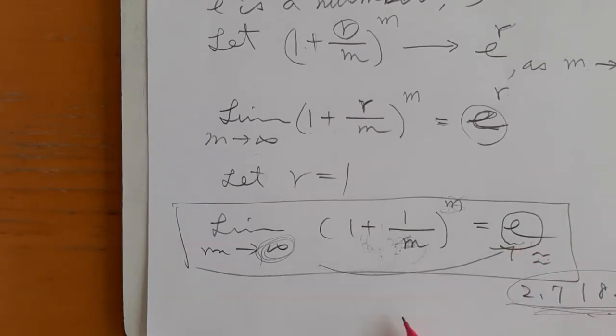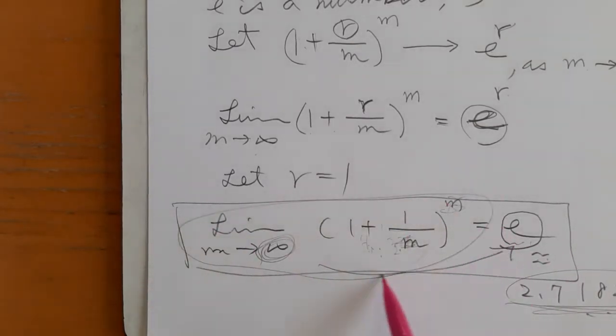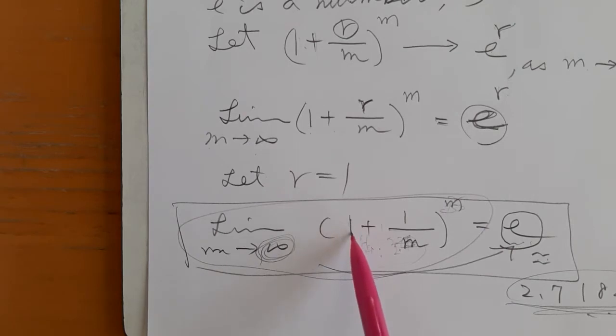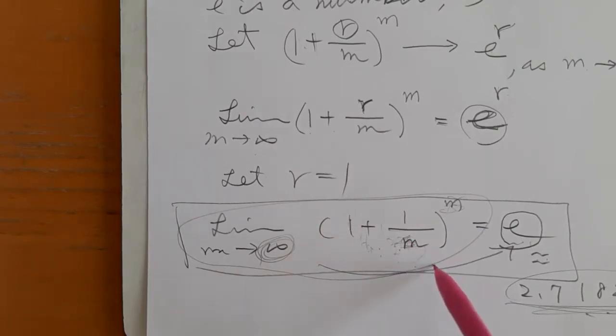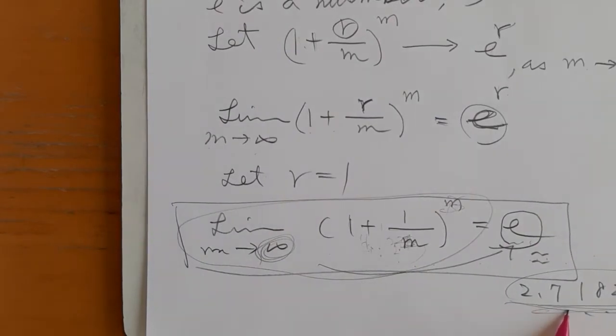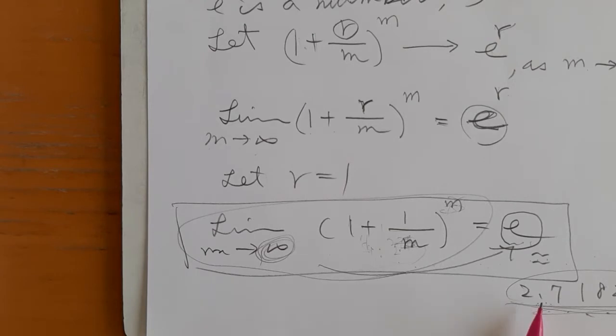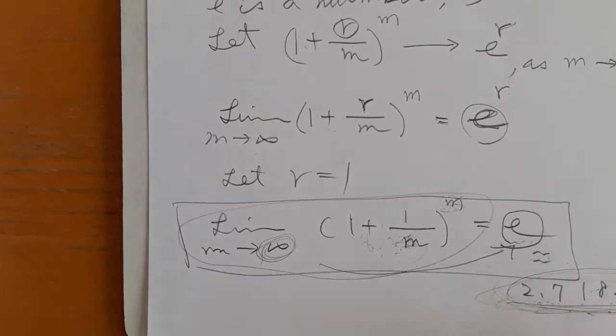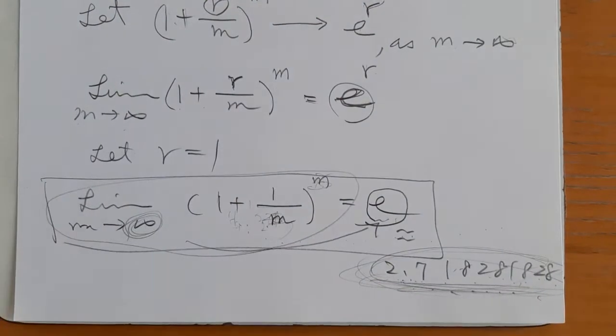How do we figure out that e is this one? You use a calculator, m goes from 1, 2, 3, 4 until very, very, very big, and that number approaches 2.718281828. Approaches a number like this, and this number is hard to represent, so you just write the symbol e.